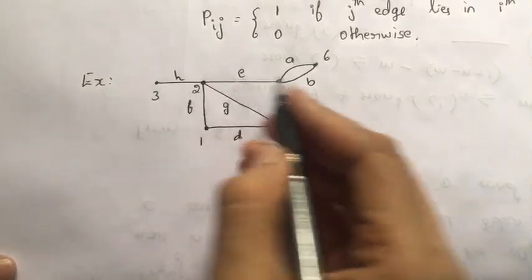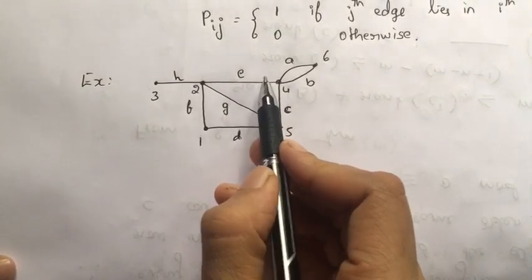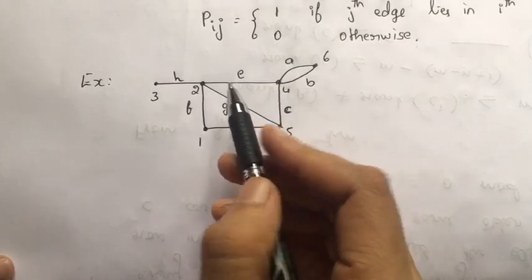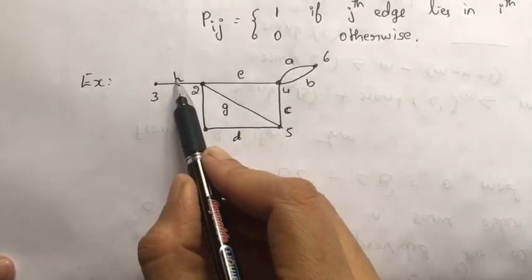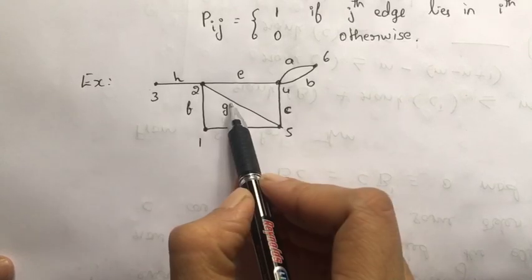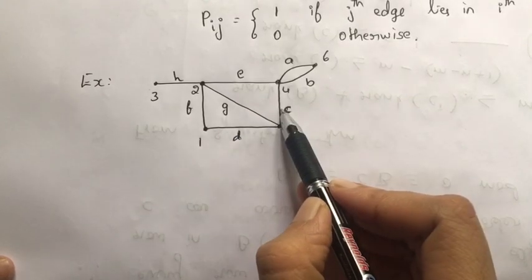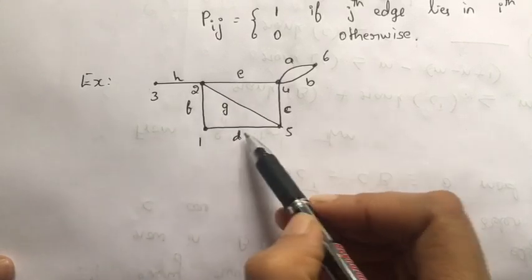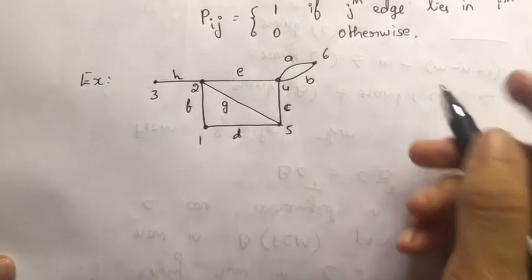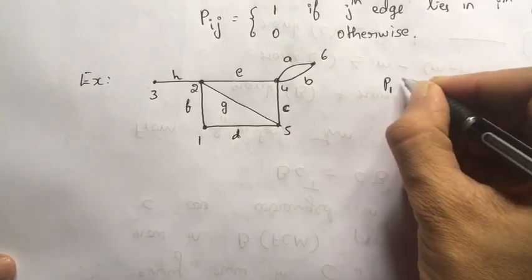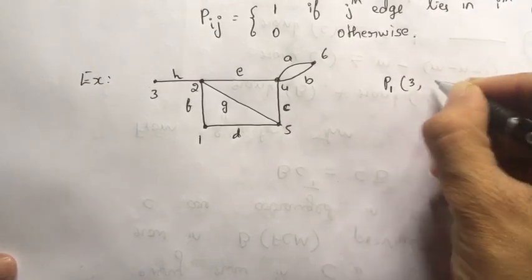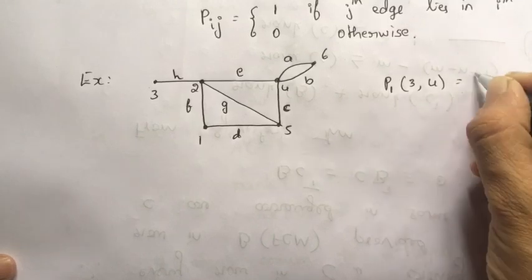Between 3 and 4, there are 3 different paths: one is HE, another is HGC, and there is HFDC.